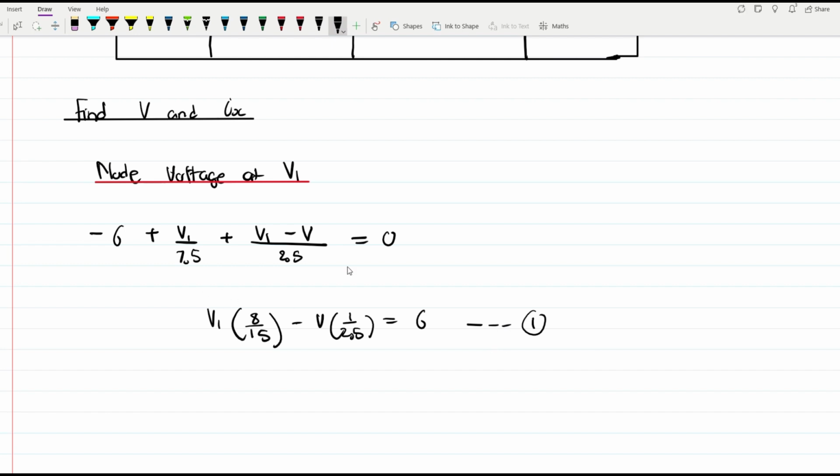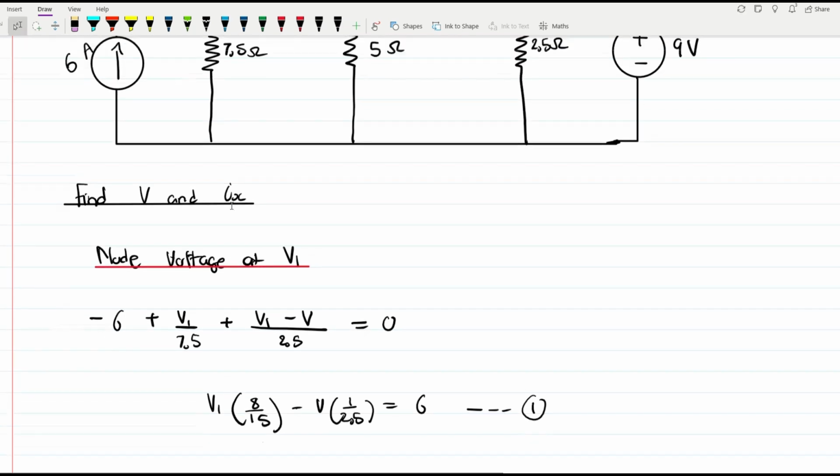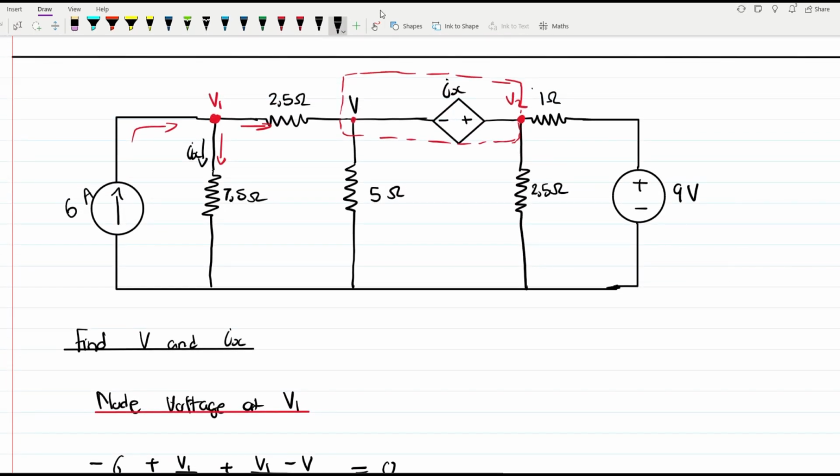So from there we have to move on to the next node. Now we have to focus on the super node. On the super node, this node right here is basically a simple single node which has a current going out here, current going out, current going out, and another current going out.